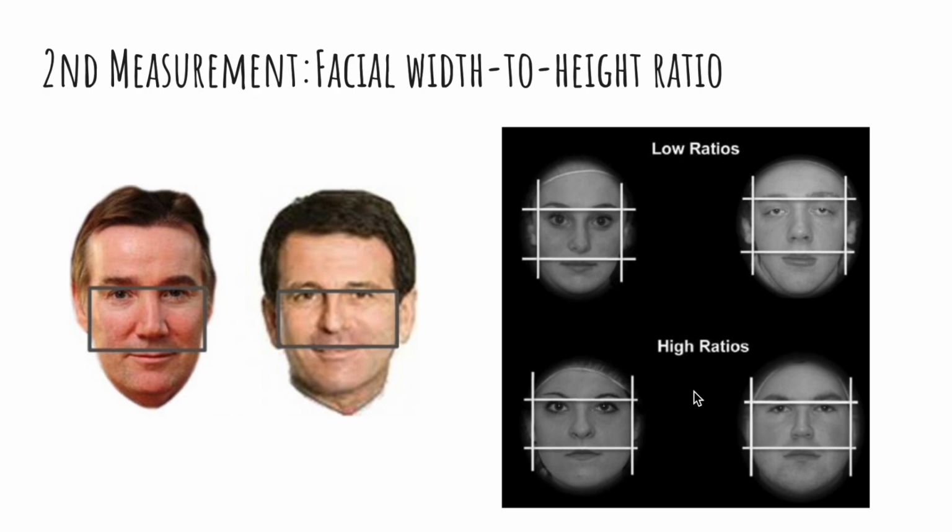There's actually a third measurement that the experiment has, but it is very hard to describe by words or even pictures. It's a quantitative measurement of how masculine your face is, how much it deviates from a typical female face. But we will not worry about that. These two measurements are enough.